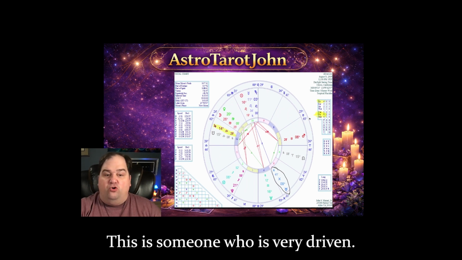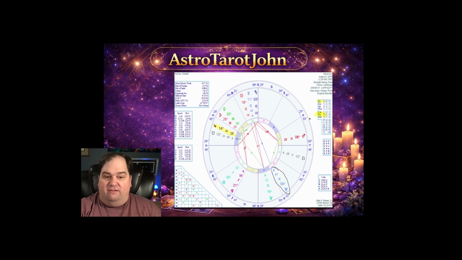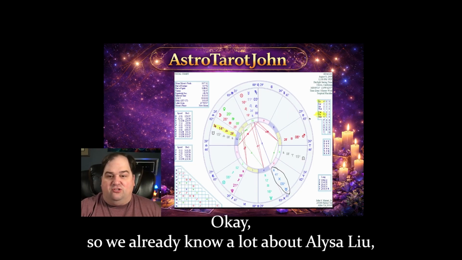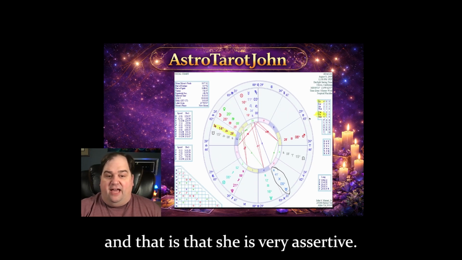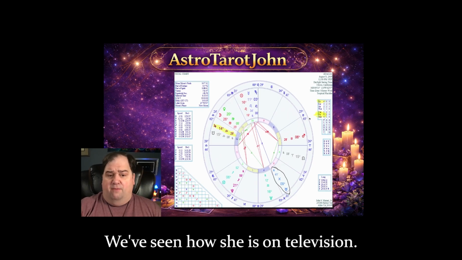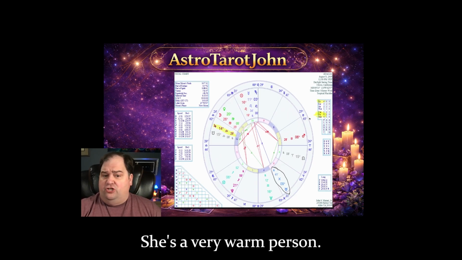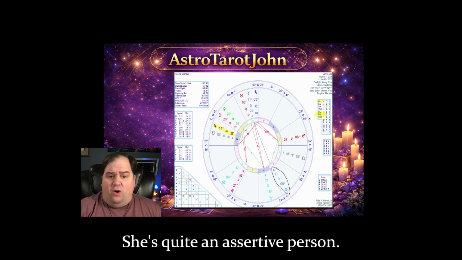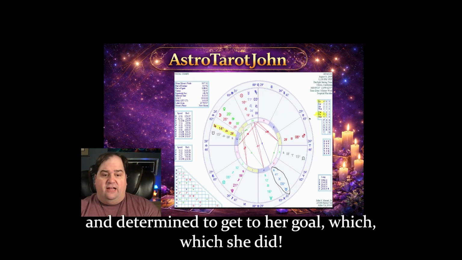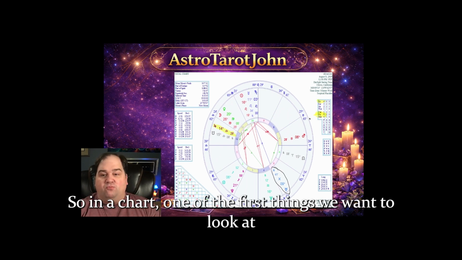This is someone who is very driven, dogged, use your own adjective, but there it is. Okay, so we already know a lot about Alysa Liu, and that is that she is very assertive. She has a lot of fire energy. We've seen how she is on television. She's a very warm person. She's quite an assertive person, but she also is someone who is very driven and determined to get to her goal, which she did.